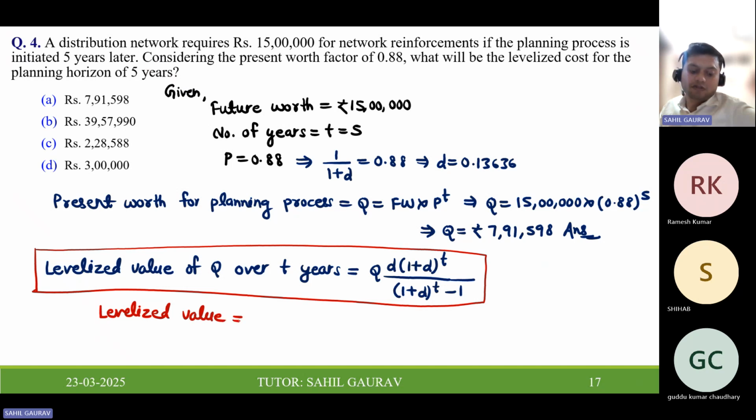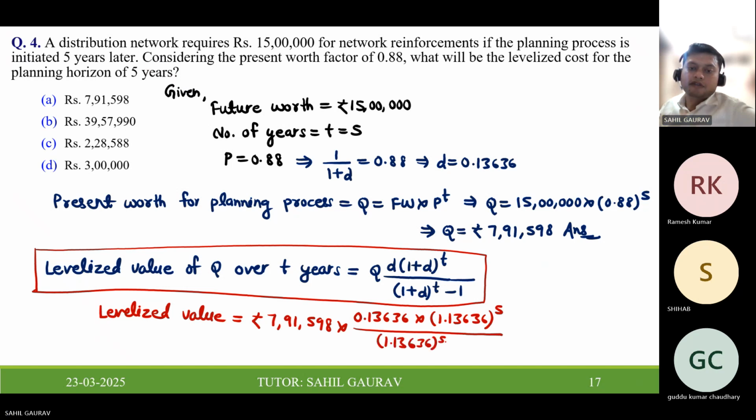So levelized value equal to, so Q is rupees 7,91,598. D is 0.3636 into 1.13636, D is 5, 1.136 to the 5 minus 1. We will get rupees 2,28,588. See the correct answer.